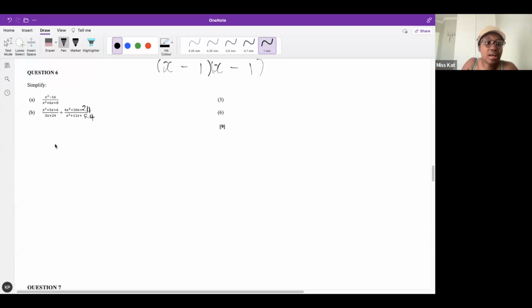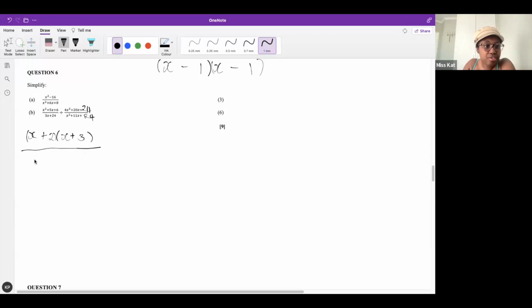Now x squared plus 5x plus 6. If you use the same methods that I taught you just now, okay, we're going to have what? Okay, let me put my 2 brackets that have to add up to 6. So x and x, the signs both have to be positives, and 2 and 3 because those are the factors of 6.